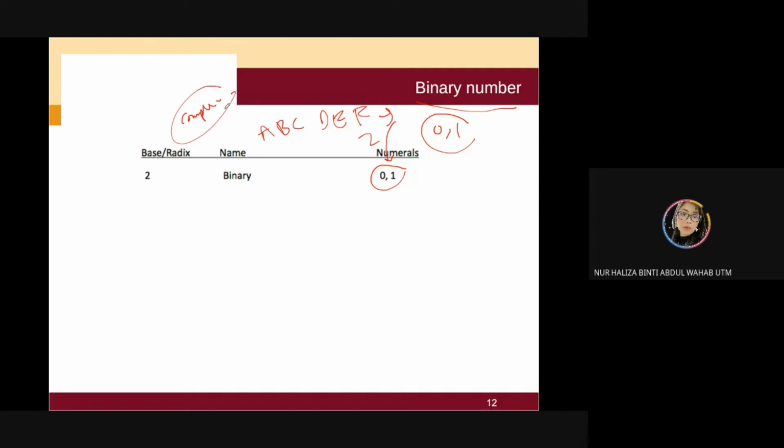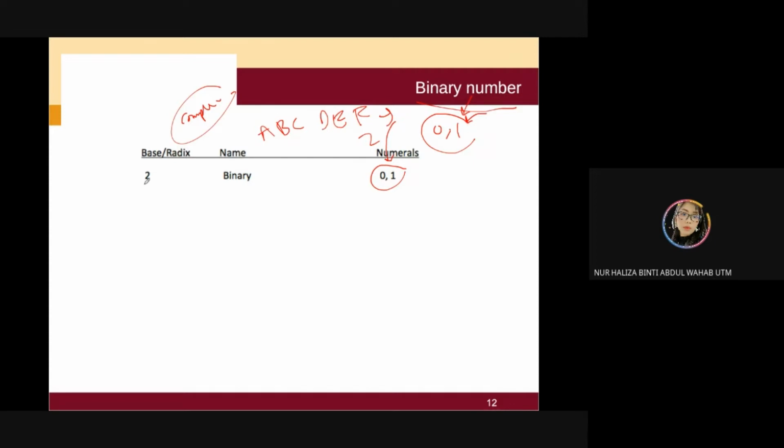But your computer will understand the system which is 010101. So that's why computers were designed with the very basic of gates, and gates use 0 and 1.